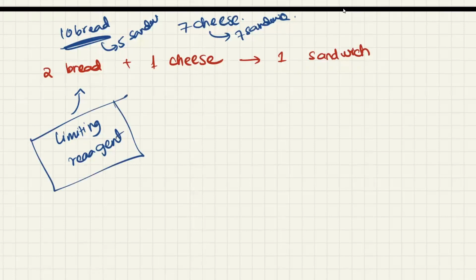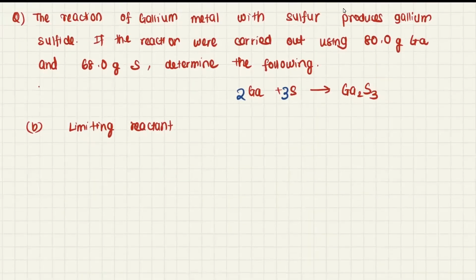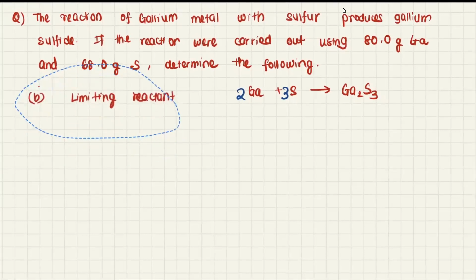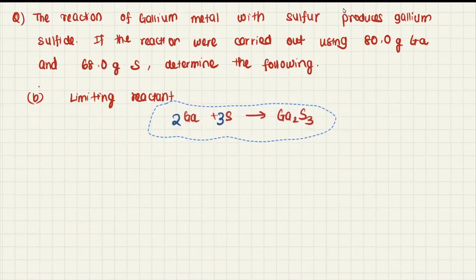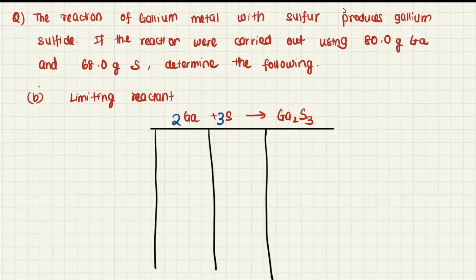Now coming back to our question here. You need to remember that in stoichiometry, the currency is the mole. Okay, first let's just make a table. I really like to use a table in stoichiometry because it really helps us visualize all the information. So now we have gram, so let's just write gram there.